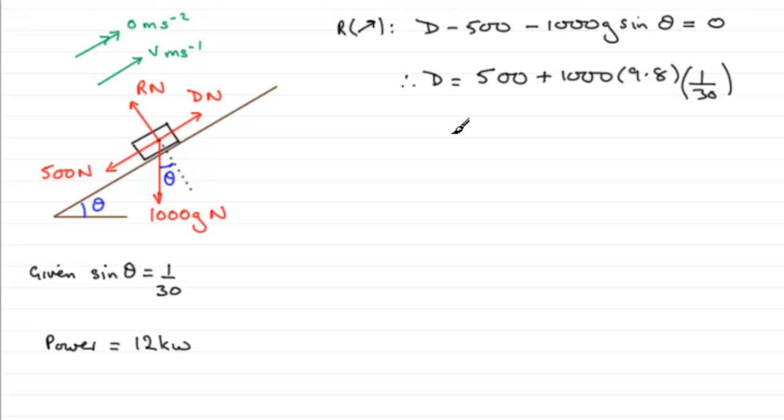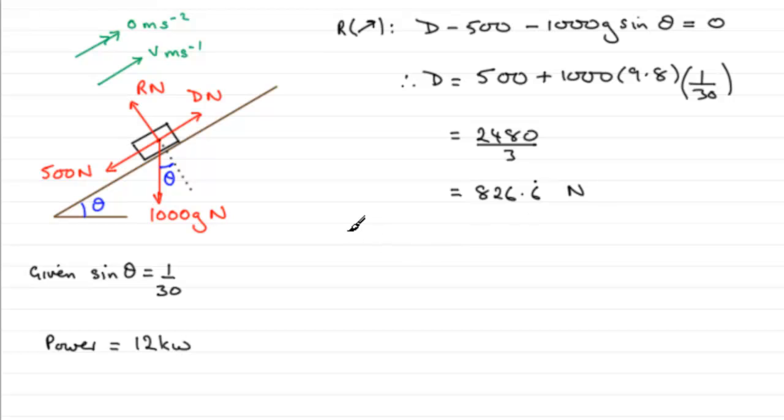And if you work this out, what you get is 2,480 over 3. Or you could have it as a decimal, and if you work it out as a decimal, it's 826.6 recurring. So that's the driving force in newtons.